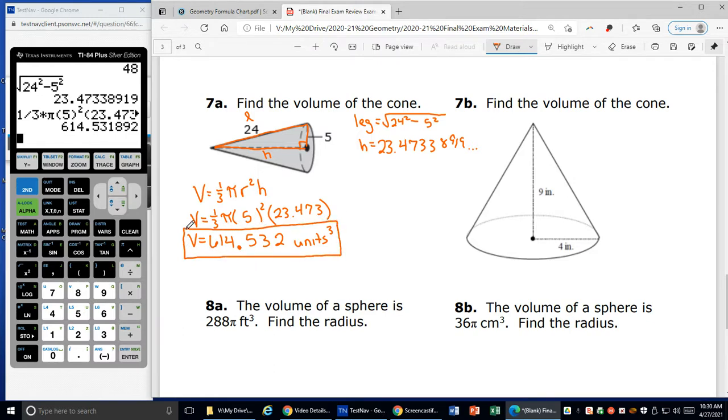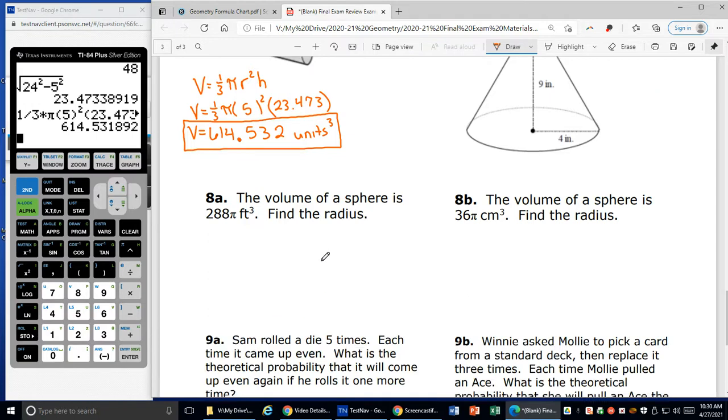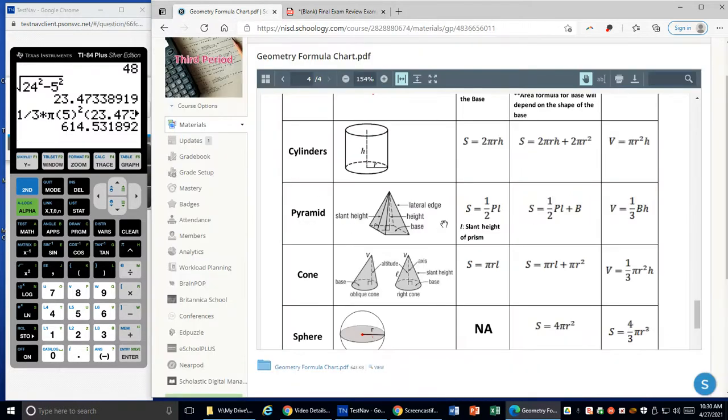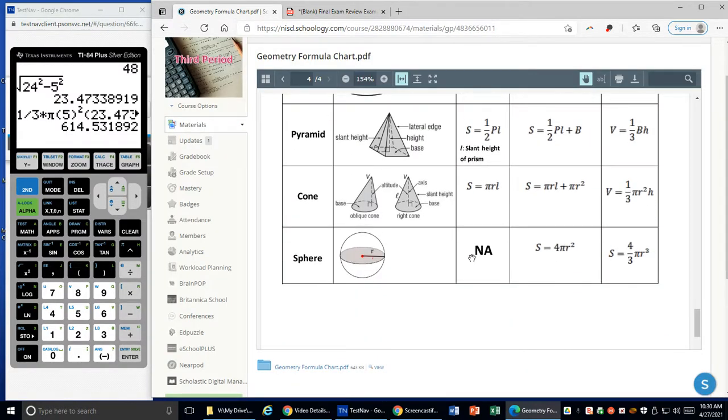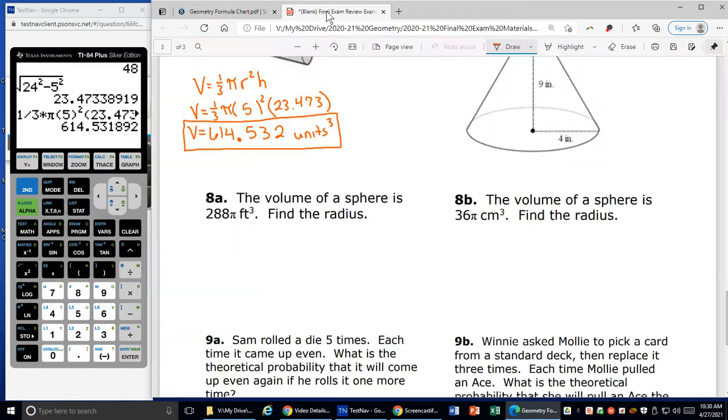Okay, let's look at 8a. 8a, the volume of a sphere is 288 pi feet cubed. Find the radius. Okay, so my sphere, the volume, there's a little typo right there. Volume, because I know that's my last column, is 4/3 pi r cubed. Oops, let me get a different color.